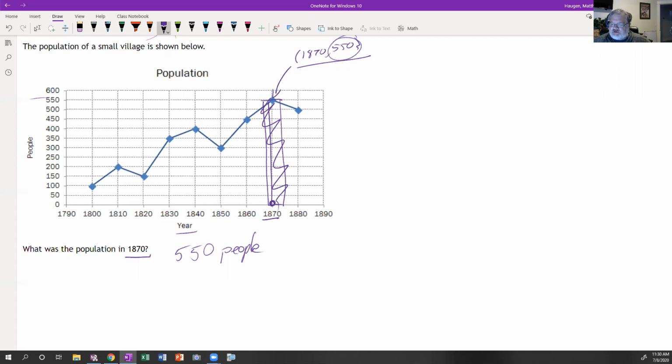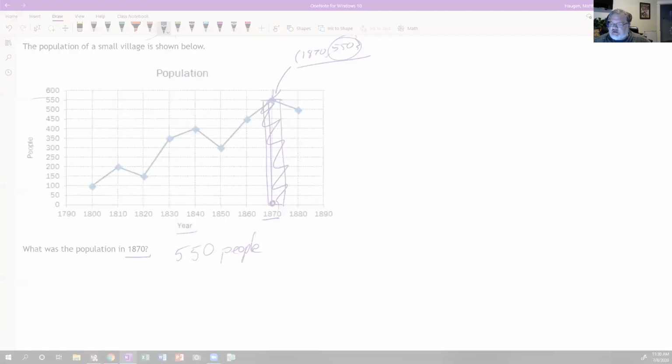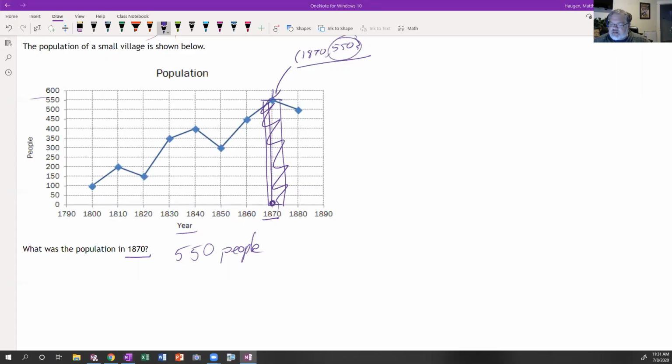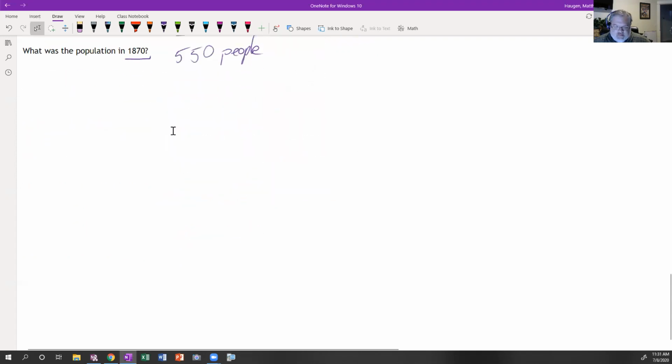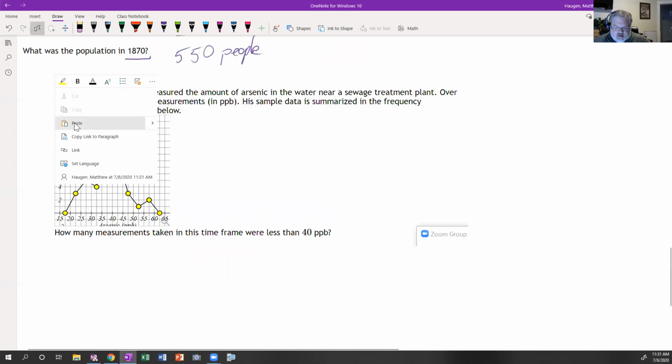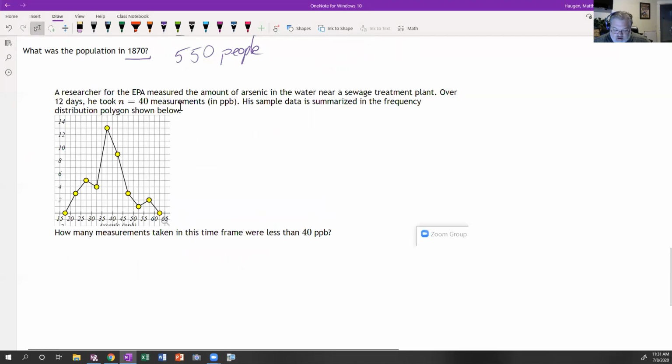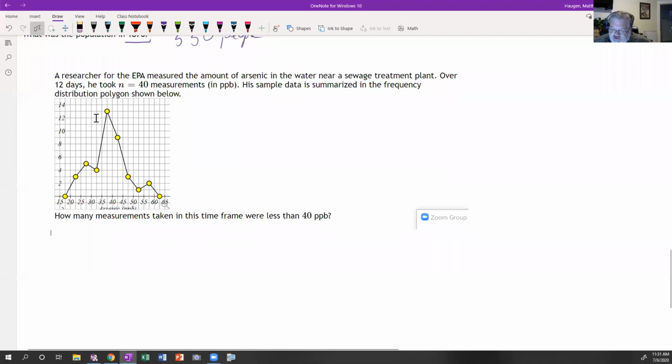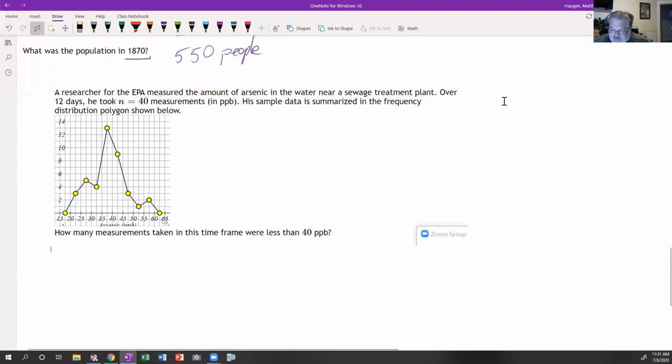Let's see if any of these look horrible. There's not too many of them, but sometimes they freak people out. Grab that one. So why don't you guys read that and try to decide what the answer would be, see if we're comfortable with these types of charts.